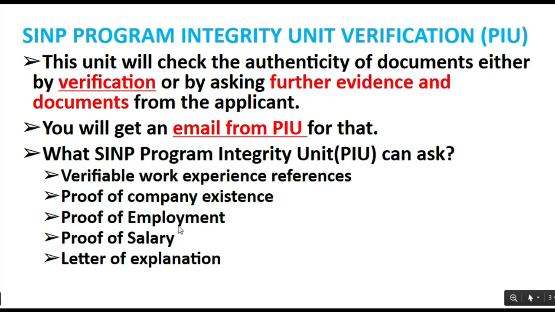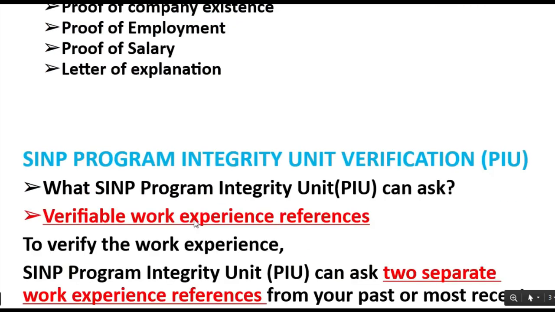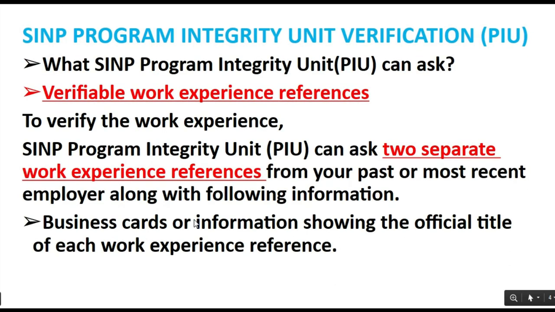They will also ask you for proof of employment as well as proof of salary. And for any other reason, they may ask you for a letter of explanation in which you have to justify the query asked by the PIU. Okay, so let's see in detail what information can be asked in each and every case.